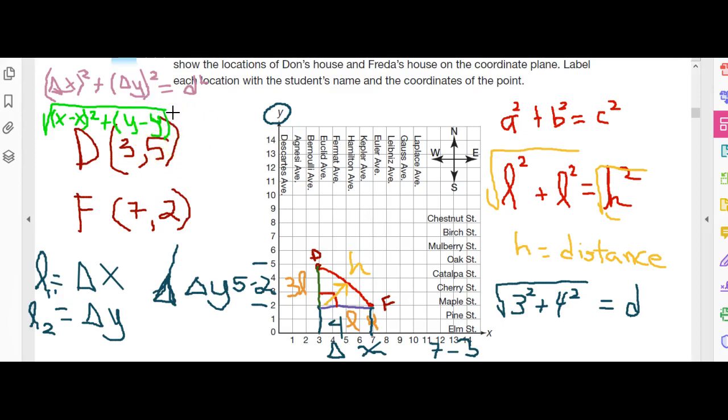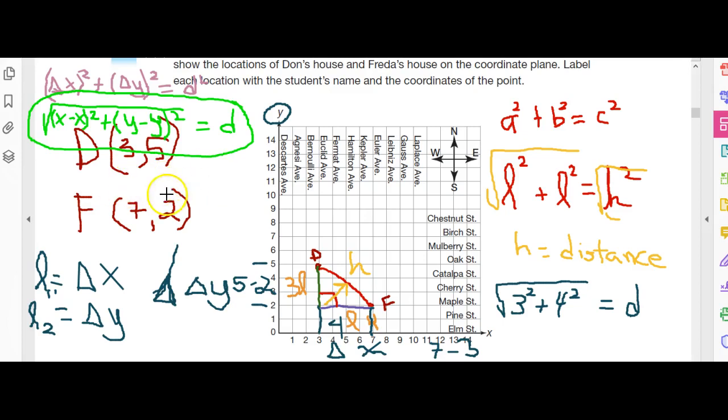We square that, and all of that's in the square root sign, and that is equal to the distance. And this right here is your distance formula: the square root of (x minus x) squared plus (y minus y) squared. So the square root of delta x squared plus delta y squared.